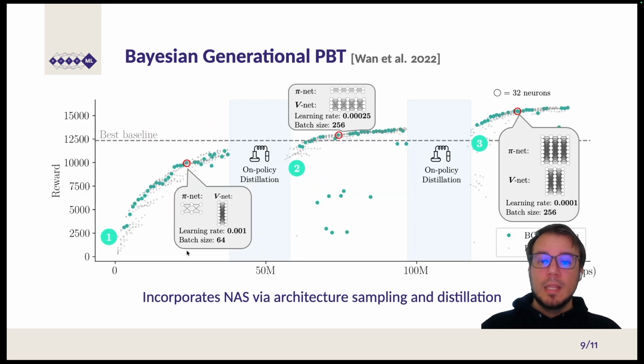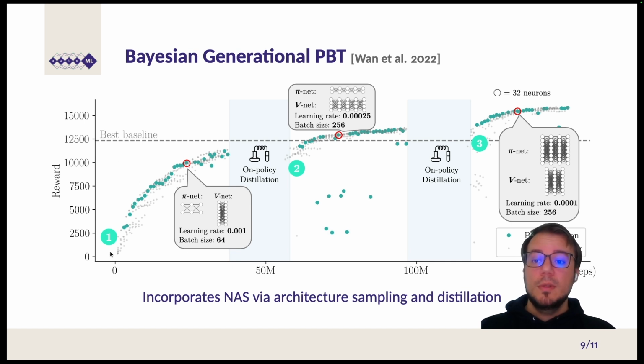A different approach to PBT that I wanted to take into account here is Bayesian generational PBT, because it allows us to incorporate neural architecture search. All the previous approaches to PBT, or these PBT style approaches, really only work on the classical hyperparameters and not on the architecture parameters. Bayesian generational PBT works as follows.